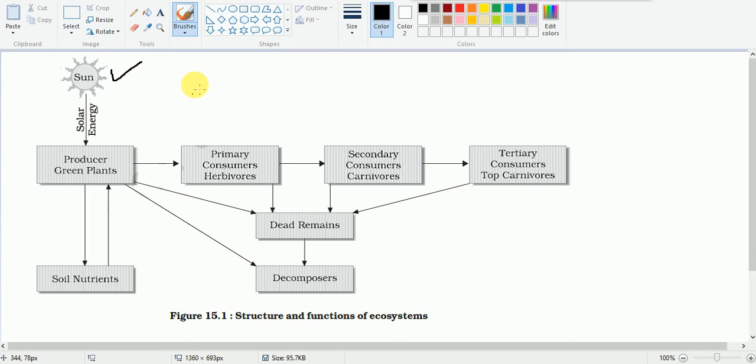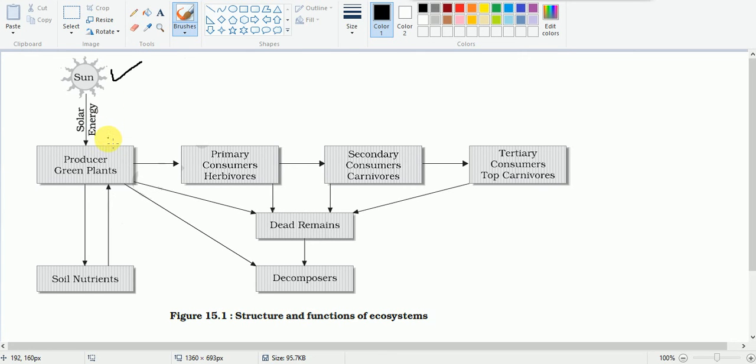Energy in the ecosystem is derived only from the sun. If there were no sun, then no plants, no animals, that means no ecosystem on the earth's surface or on the water bodies or anywhere. The sun is the source of energy.